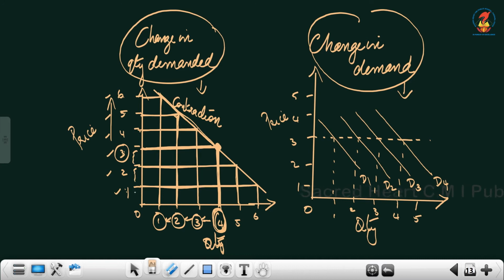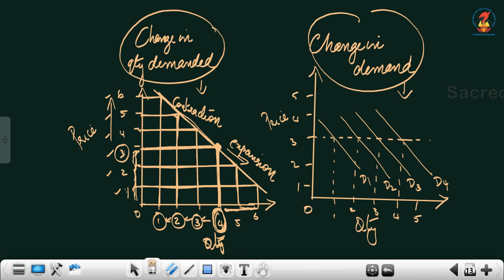Price is falling to 2 and 1. So, what is happening after quantity 4? As price has decreased, quantity has increased from 4 to 5, 5 to 6. So, after this part, quantity has increased due to a fall in the price from 3 to 1. Quantity has increased from 4 to 6 due to a fall in the price from 3 to 1. So, from this point to this side, you can write it as expansion.